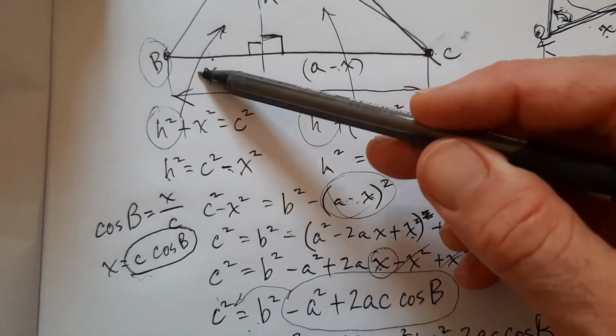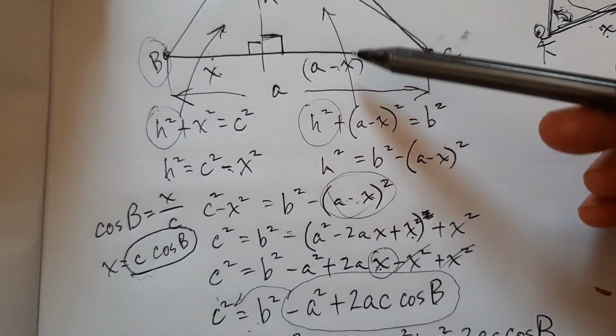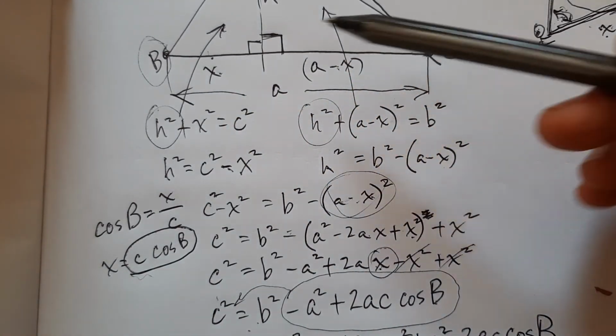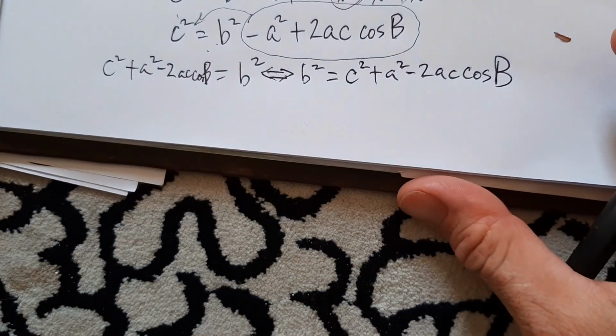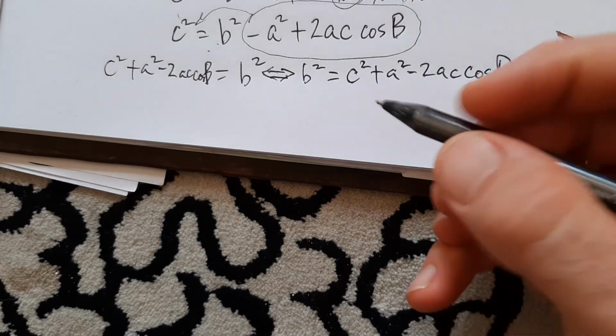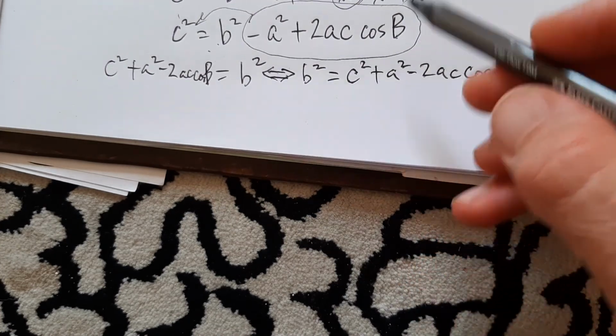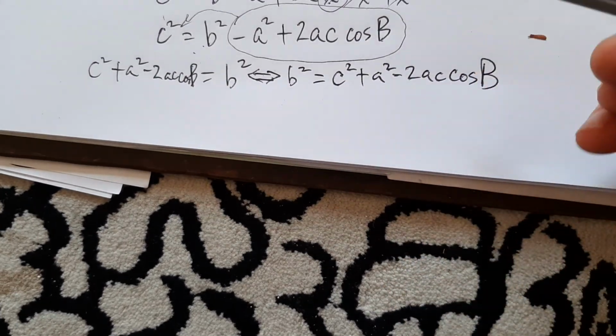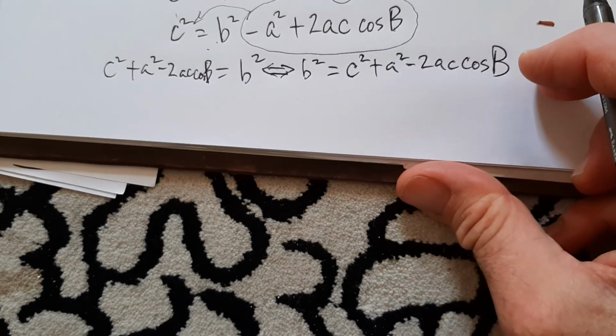If I had switched the x and the a minus x, then I'd have taken the cosine of C. It's correct, but it works for every side. I just chose my letters kind of backwards.